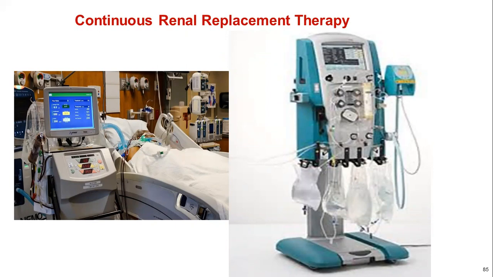Instead of doing it over 4 hours, because hemodialysis takes 4 hours per session, 3 to 4 times per week, continuous renal replacement therapy is done 24 hours a day to slowly and continuously clean out the waste products and fluid from the patient's body.